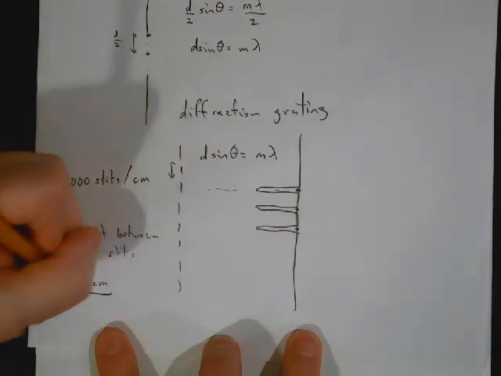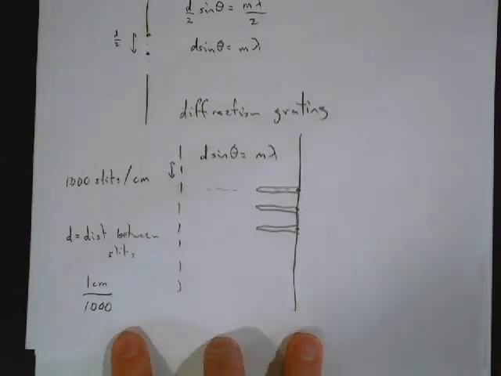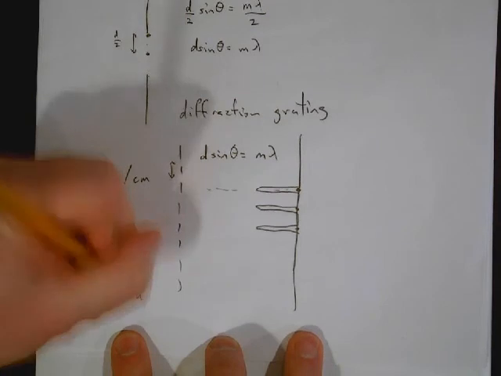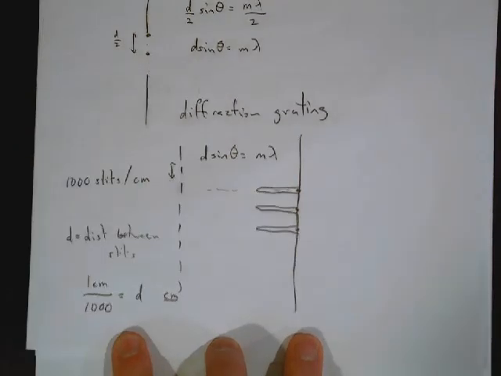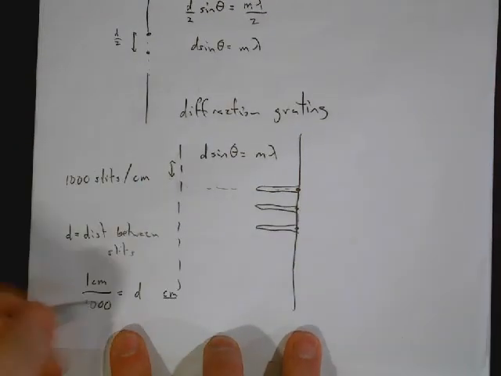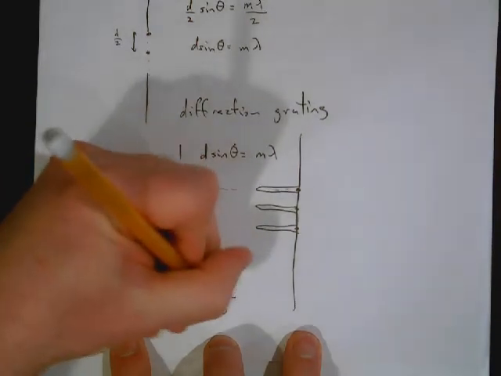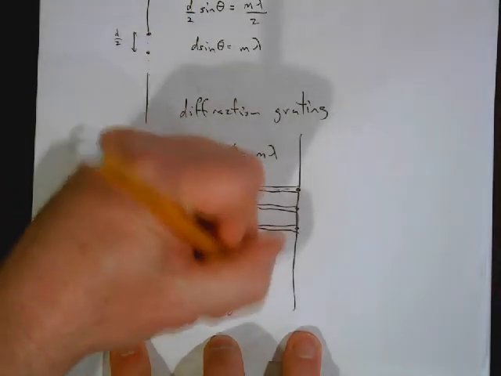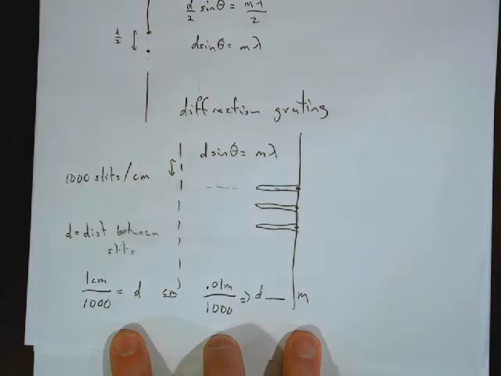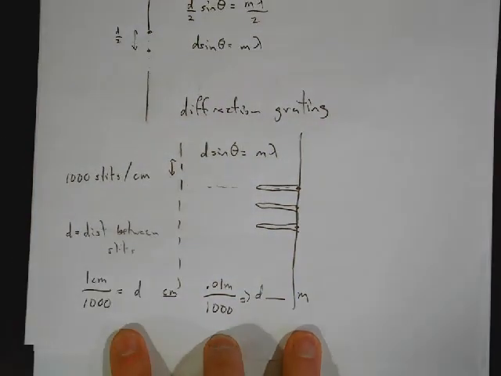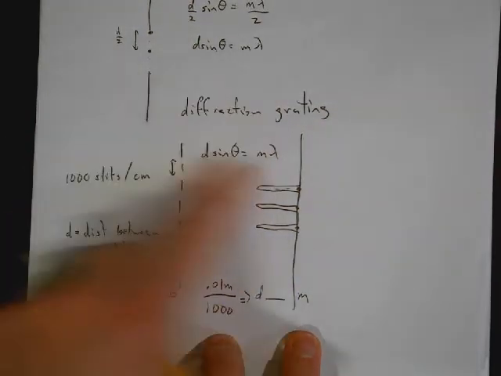So if I wanted to find D, I would set it up like this: 1 centimeter divided by 1,000 would tell me D in centimeters. If I wanted my D to be in meters, I would set it up as 0.01 meters divided by 1,000, and then I would get my D in meters.